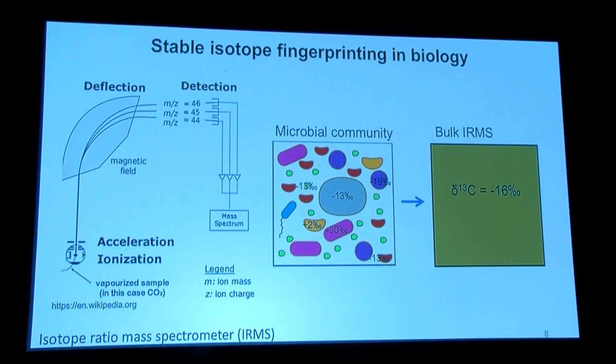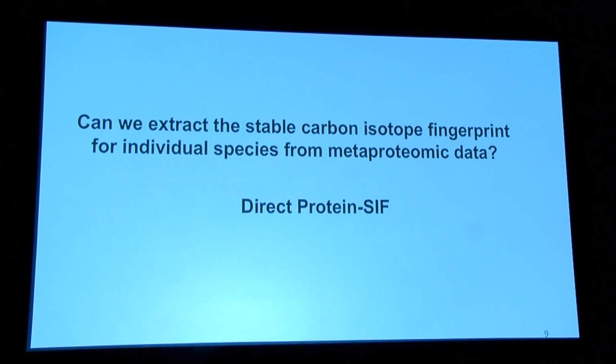Now, the standard method to measure carbon isotope ratios and other isotope ratios is isotope ratio mass spectrometry. With this approach you usually just burn up your sample and measure it. So if you do isotope ratio mass spectrometry on a microbial community sample, instead of getting nice, informative values for each member of the community, you get a bulk value that just gives you an average, and it doesn't tell you what the individual members of your community do.